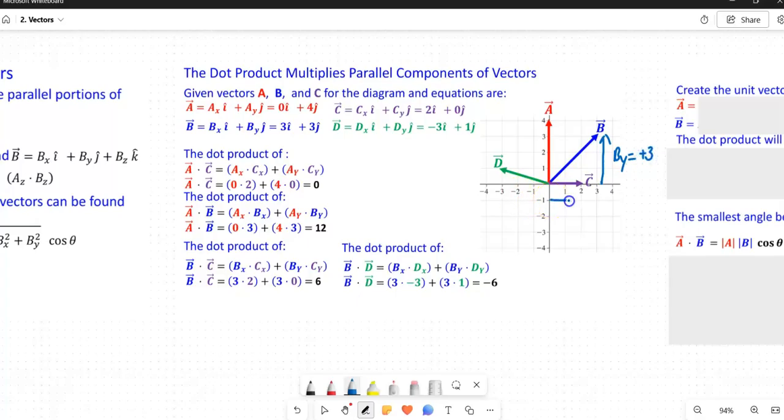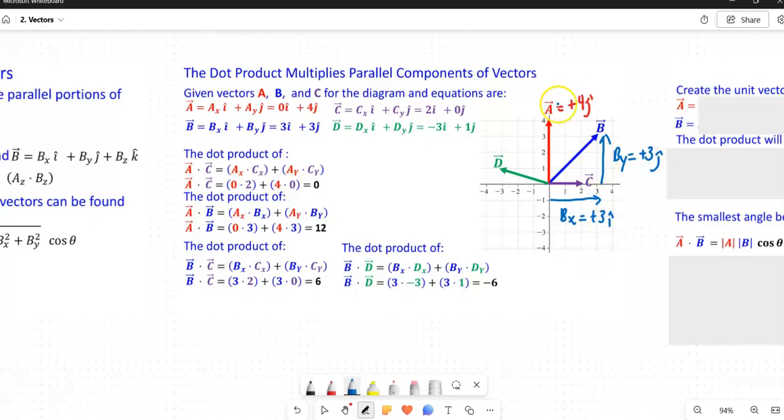And B has an x direction component that is positive 3. So what we could do is multiply the x direction components of B against A and the y components of B against A. And if you look right now, we could see that A is pointing up, so this is going to be positive 4j, and this guy is positive 3j, and this is positive 3i.